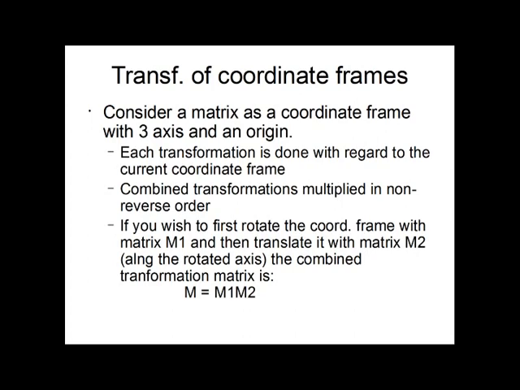And each transformation is done relative to the coordinate frame that we're working with now. So if we start by translating by 2, 3, that means we now have a new point of origin in our coordinate frame, the point 2, 3. Otherwise, the coordinate frame is the same.